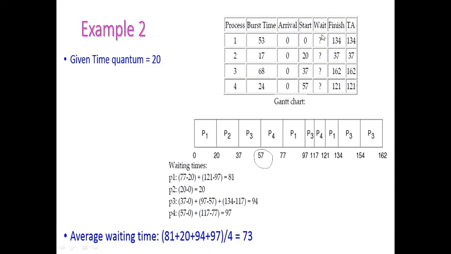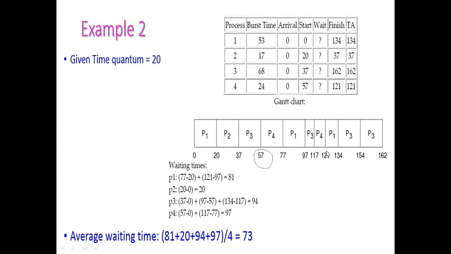And we need to calculate the waiting time. The waiting time for the process P1 is calculated here. After the processes P1, P2, P3, the next start time for the process P1 is 77. So 77 minus the time quantum 20, plus, next you have to check where P1 comes next.